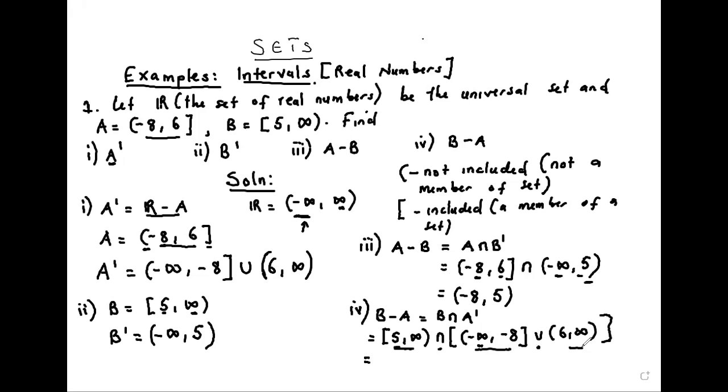Now 5 and negative infinity: 5 is bigger than negative infinity, so we'll get 5 there. And then positive infinity and negative 8: negative 8 is smaller than positive infinity, so we'll get negative 8 there.